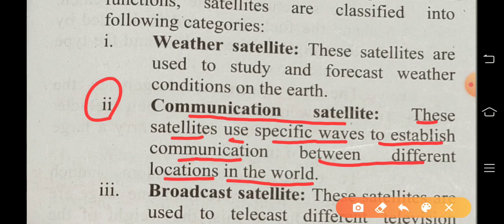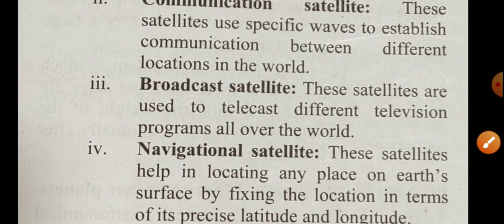These satellites use specific waves to establish communication with the help of mobile phones. All are aware about this nowadays. I think in the lesson, a diagram is given on the second page, showing how the communication satellite connects two persons present anywhere on the earth.